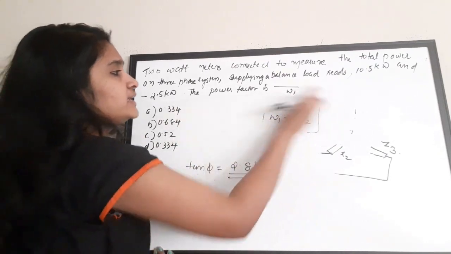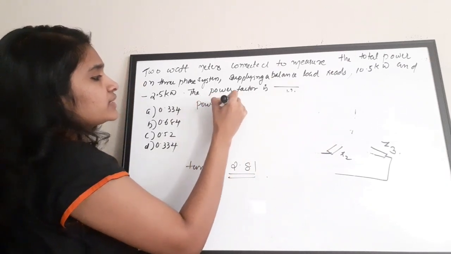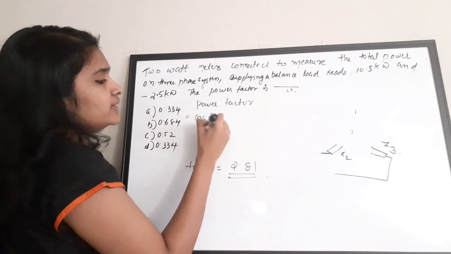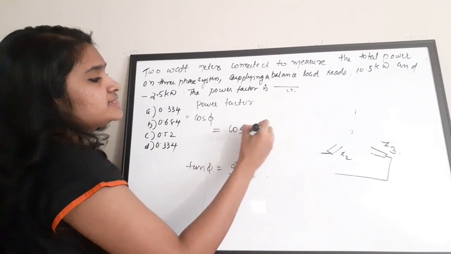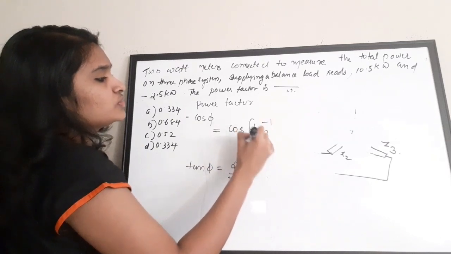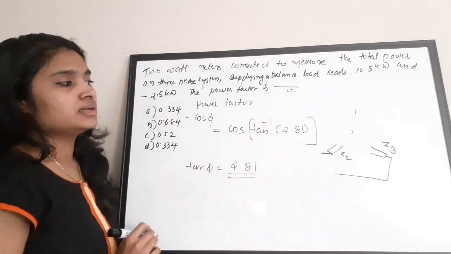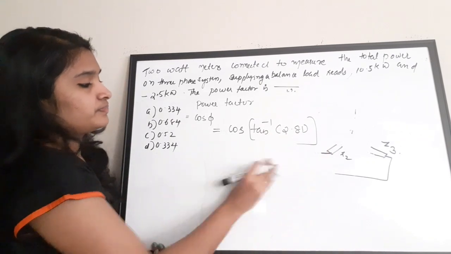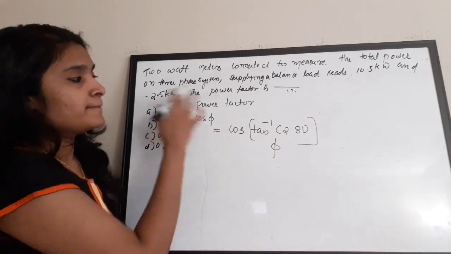So for calculating the power factor, it is equal to cos phi, that is equal to cos of tan inverse of 2.81. If you take tan inverse of 2.81, you will get phi, and cos phi is the power factor.